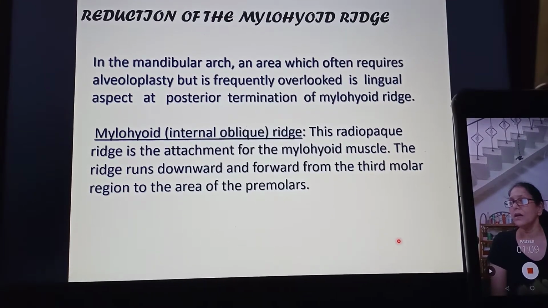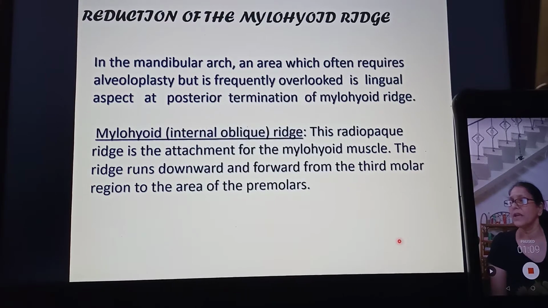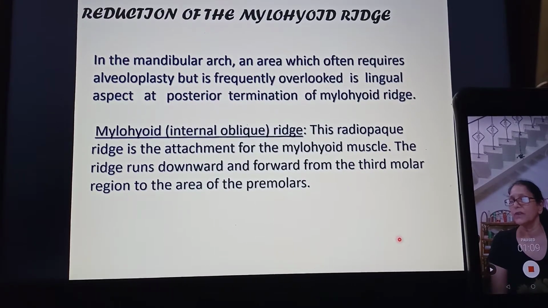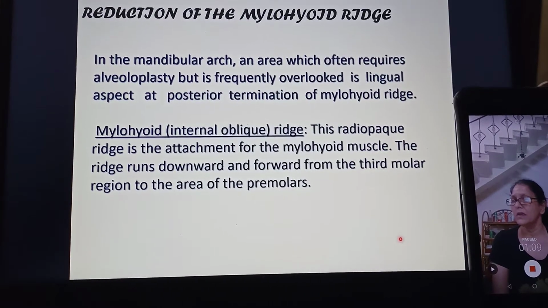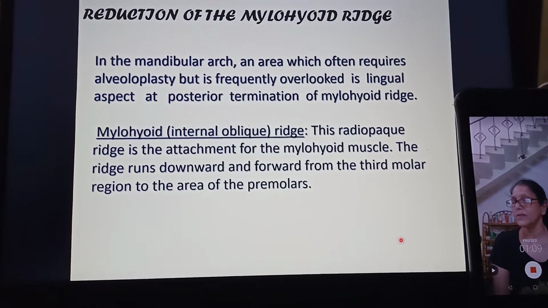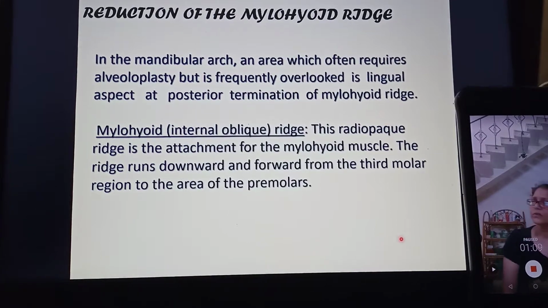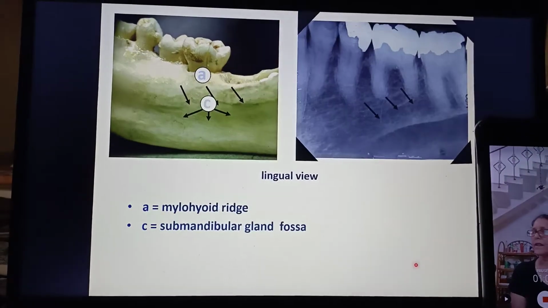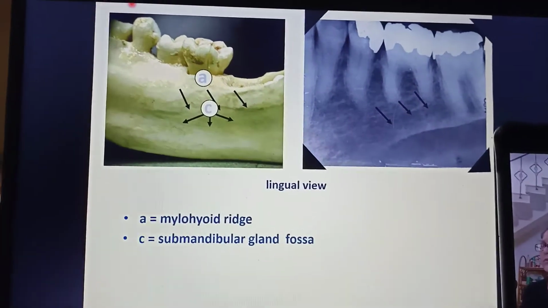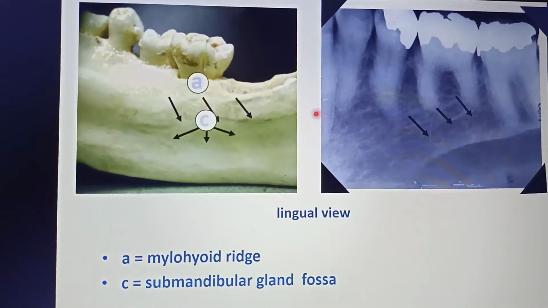The mylohyoid ridge is a radio-opaque ridge, that is the attachment for the mylohyoid muscle. The ridge runs downwards and forwards from the third molar region to the area of premolars. So that is the mylohyoid ridge.